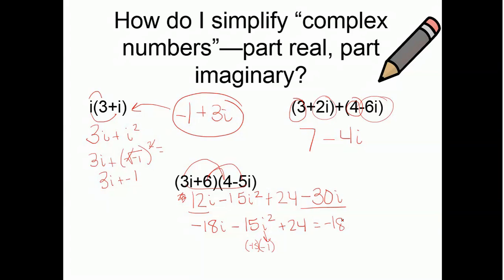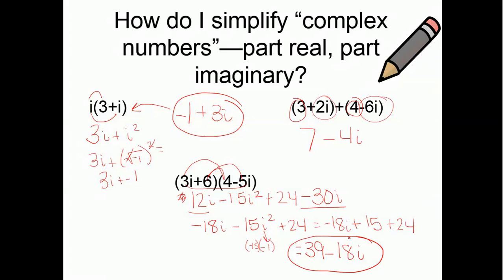So I'll have -18i plus 15 plus 24. So if I write the real part, the numbers together first, 15 plus 24, that is 39. And I'm going to put the i part second here. Done with that particular problem.